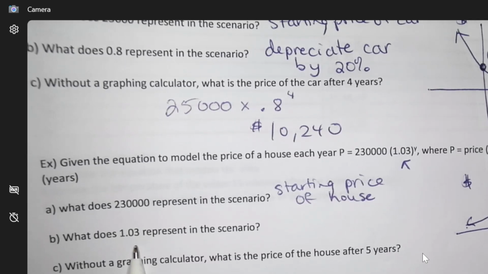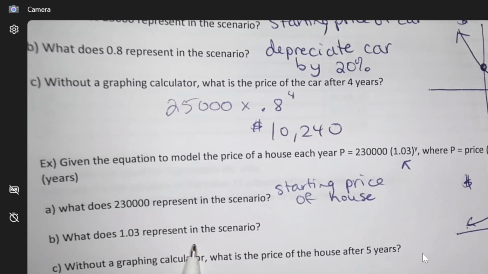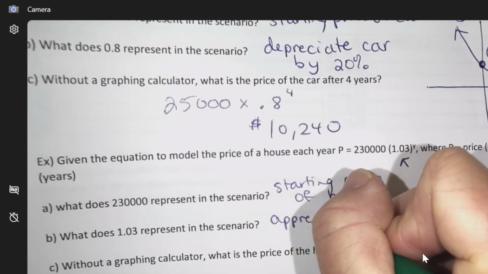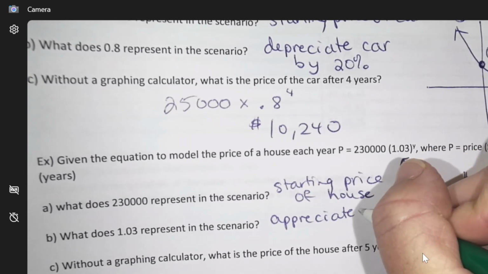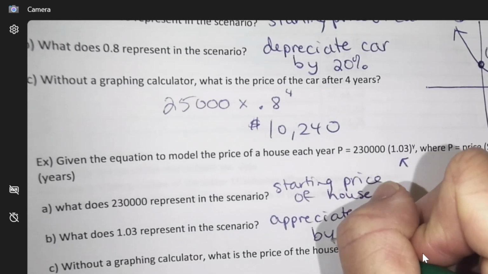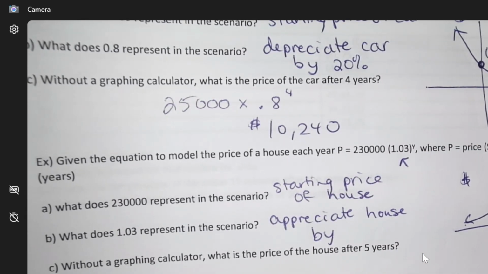What does 1.03 represent? Appreciation. So, what is full value of something again? 100%.